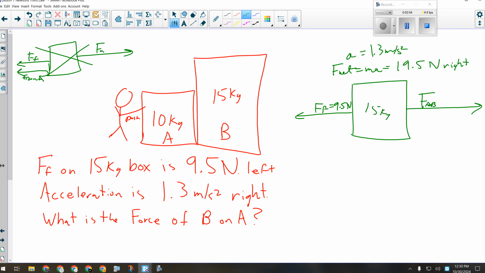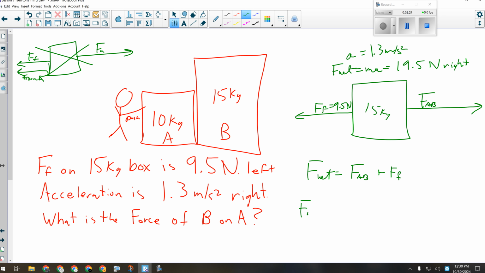All right. Since I know one of the 2 forces, and I know what they add up to, can I find the force I'm missing? Yeah, so just like we always do, I've done M times A. Now I'm going to go F net equals the force of A on B plus the force of friction, and I'm just going to subtract the force of friction over here.